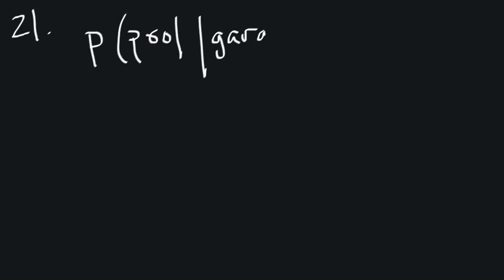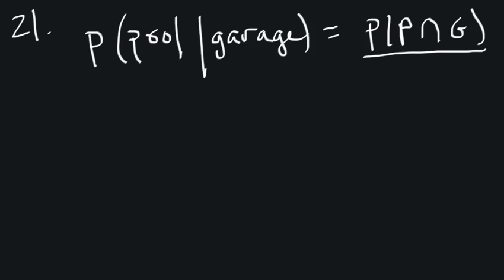So what kind of probability are we looking at here? What's the probability that it has a pool given that it has a garage? This is conditional probability. So if we write this out naturally, it's the probability of a pool and a garage divided by the probability that you have just a garage.